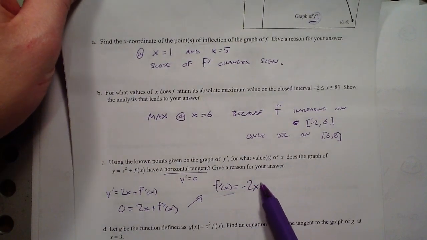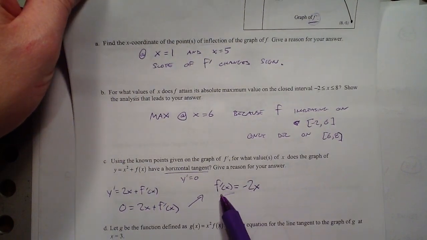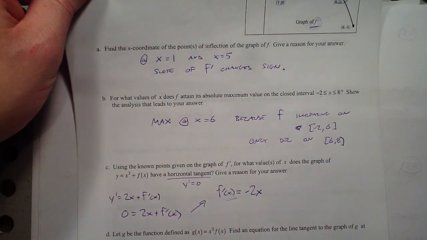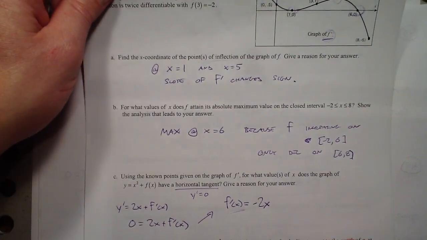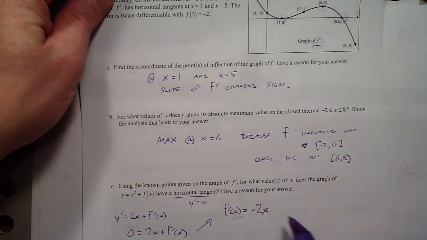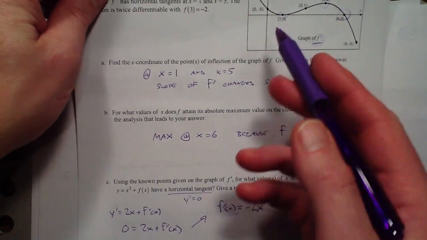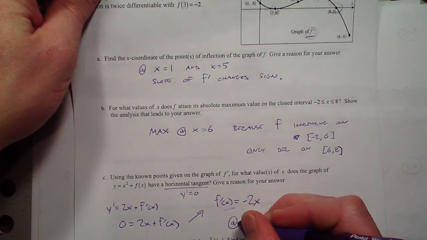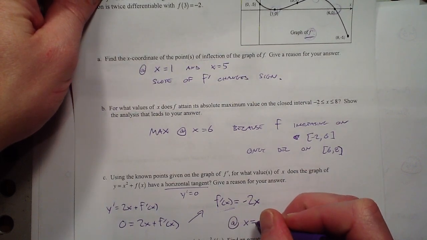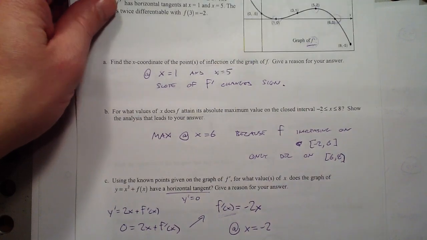And then plug the -2 in here, -2 times 2, that's the condition that we need here to make this equal to 0. So, you can check the rest, none of the rest of them work. So it happens at x equals -2.